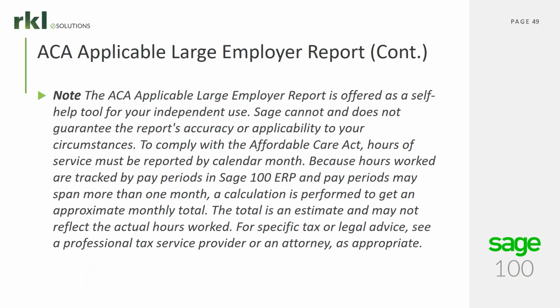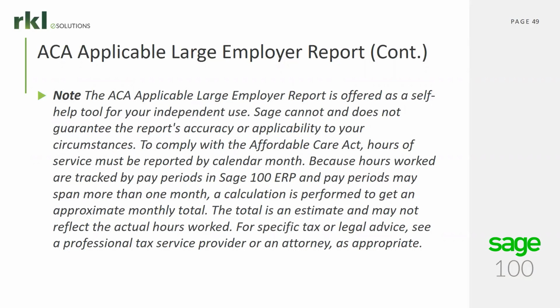The ACA applicable large employer report, here's my mandatory disclaimer: it's offered as a self-help tool for your independent use. Sage cannot and does not guarantee the report's accuracy or applicability to your circumstances. To comply with the Affordable Care Act, hours of service must be reported by calendar month.